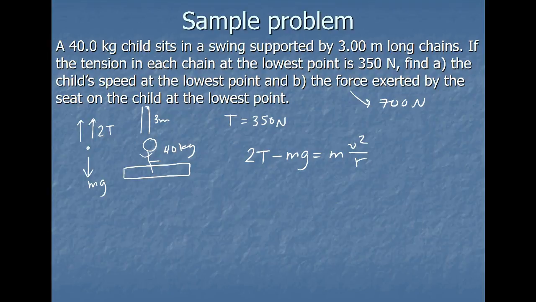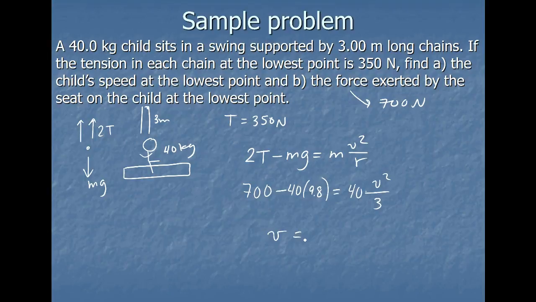But this is how we would set it up, and if I said, for example, let's say the speed is 10 meters per second, then we could plug that in and calculate, oh, actually we're trying to find the speed, sorry. So we would have 700 minus 40 times 9.8 is equal to 40 times v squared over 3.